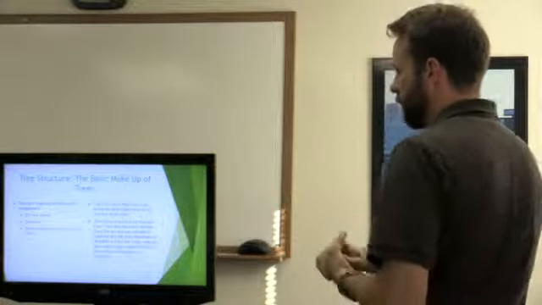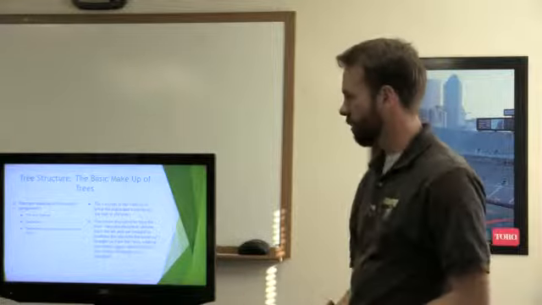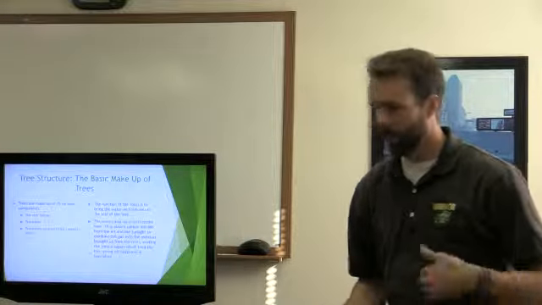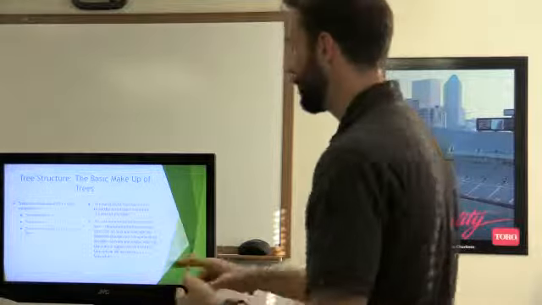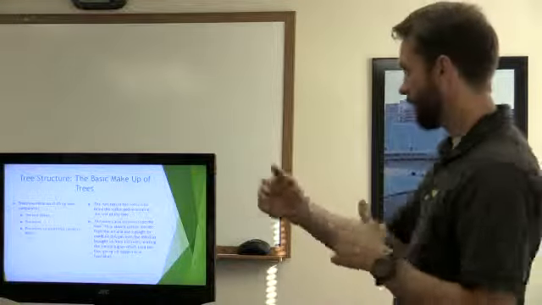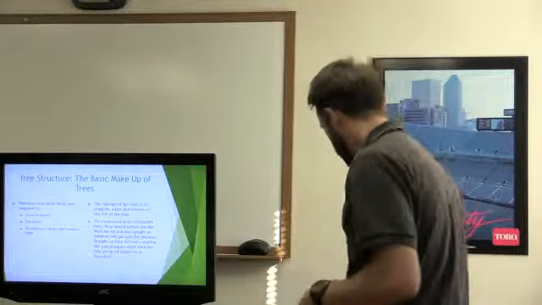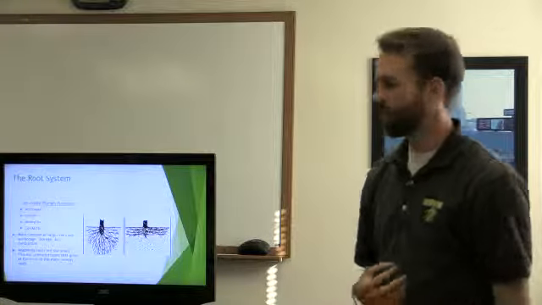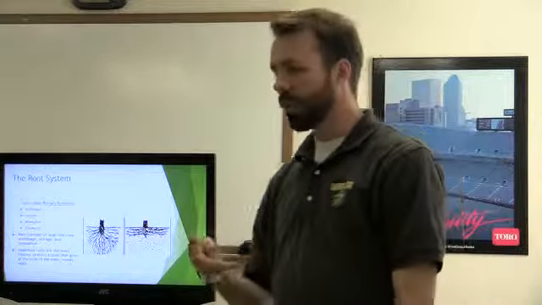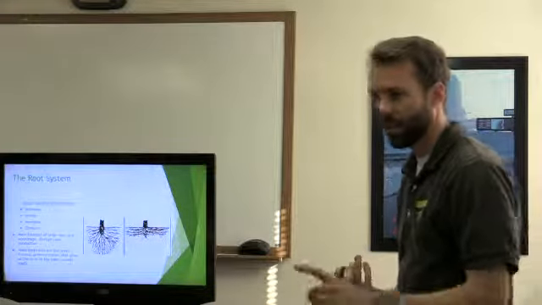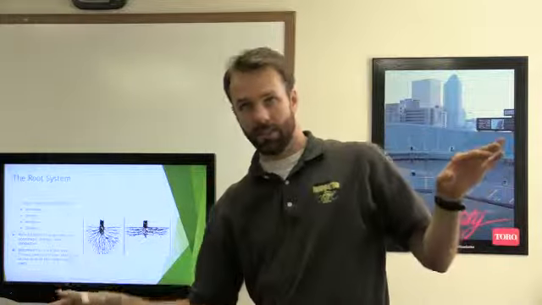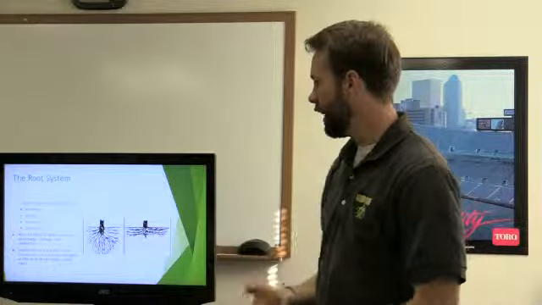Okay, I'm going to talk about the tree structure a little bit more. Again, there are three components: the root system, the leaves, and the woody material, which connects everything. Let's take a look at the root system. There are four things the root system does for us. Anchorage, that's what holds it up, so it can sway a little bit.